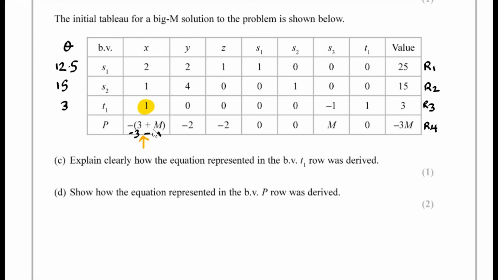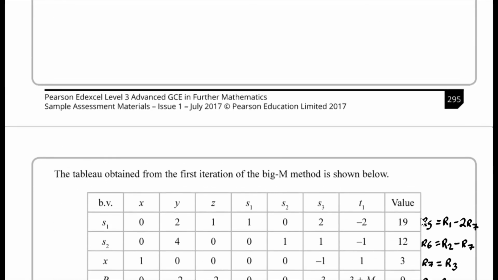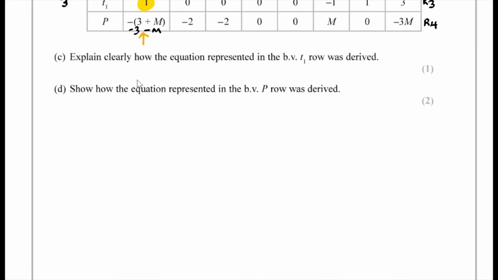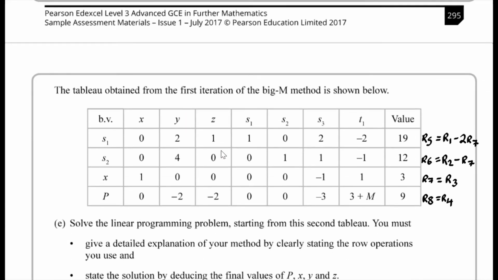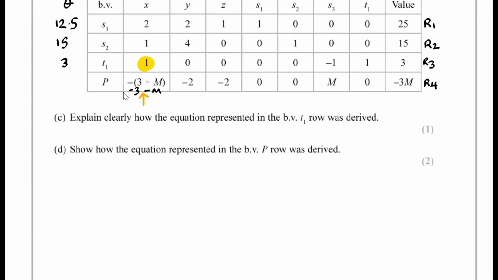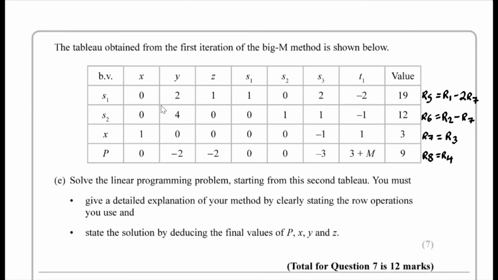Now essentially, as we were doing here, we want this element to be 0. So row A is equal to row 4 plus 3 plus m lots of row 7. So we have row A equals row 4 plus 3 plus m lots of row 7.